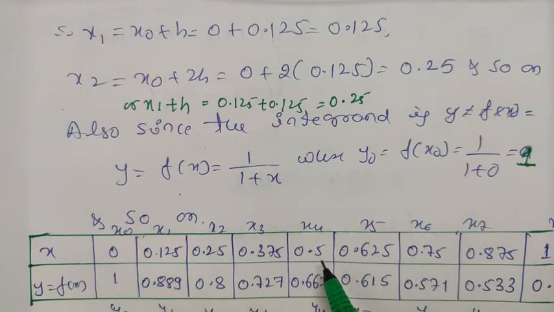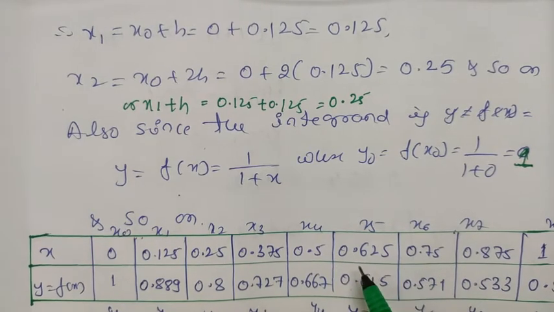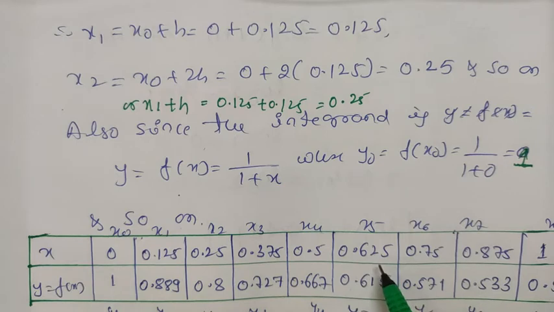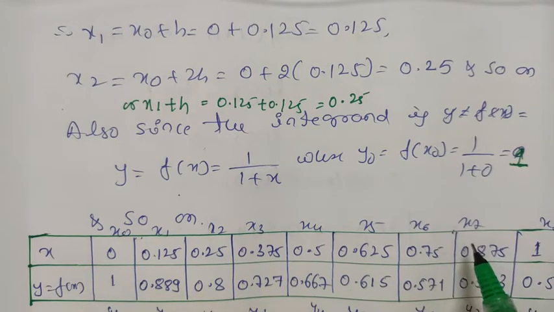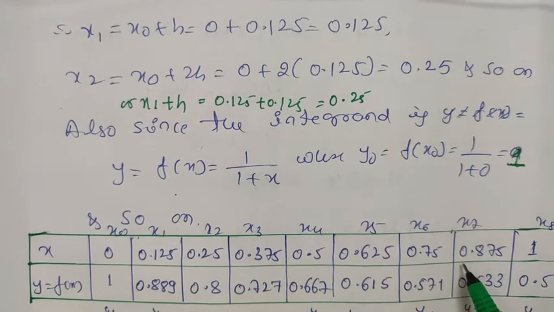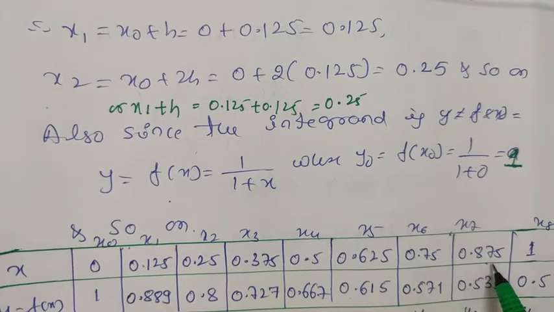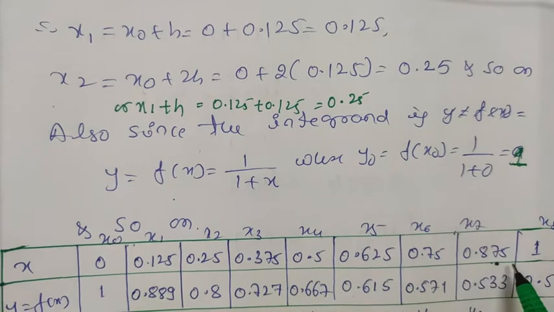Similarly x5 is x4 plus h, so it is 0.625, and x6 is 0.625 plus 0.125, which gives 0.75. x7 is 0.75 plus 0.125, which gives 0.875, and lastly 0.875 plus 0.125 gives 1.